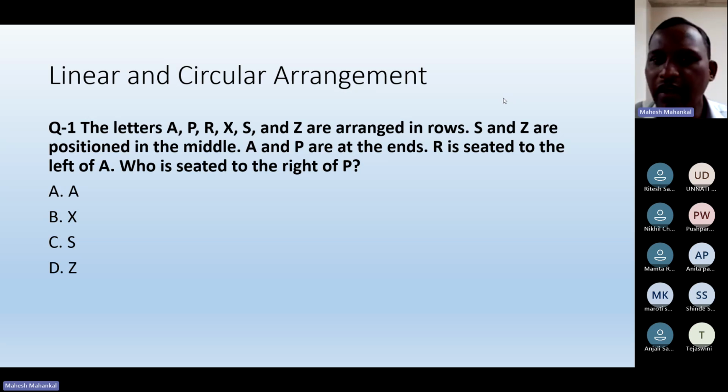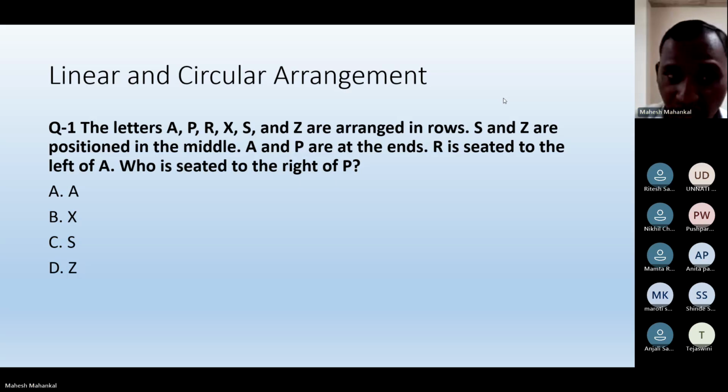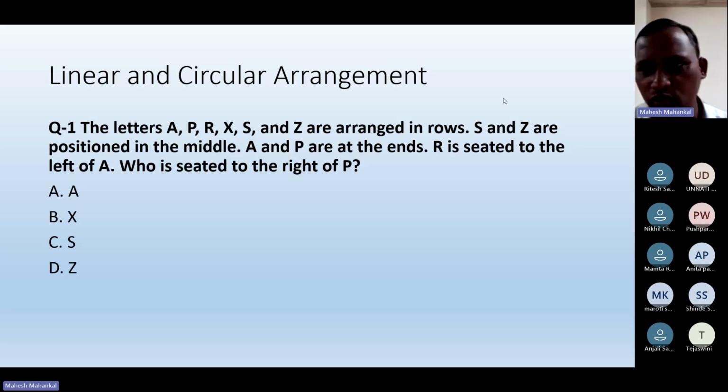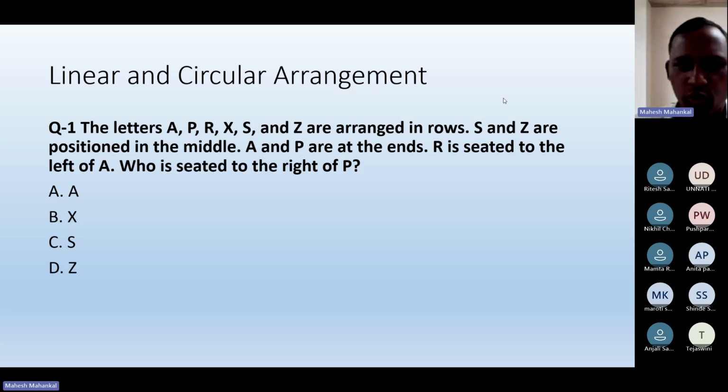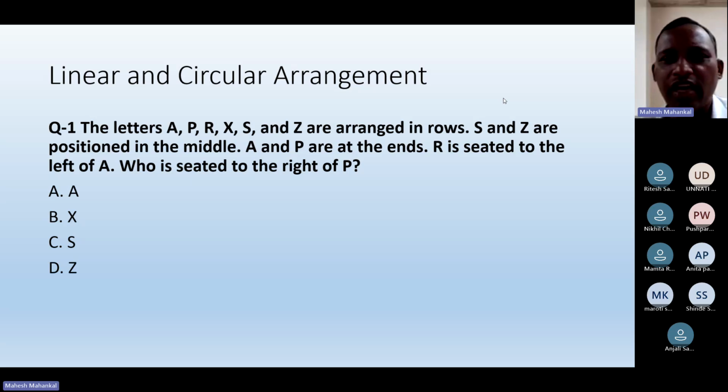A and P are at the extreme ends. R is seated to the left of A, meaning A is at an extreme end, and to the left of A, R is seated. Who is seated to the right of P? They will ask you. Right of P, who is next to P right now?